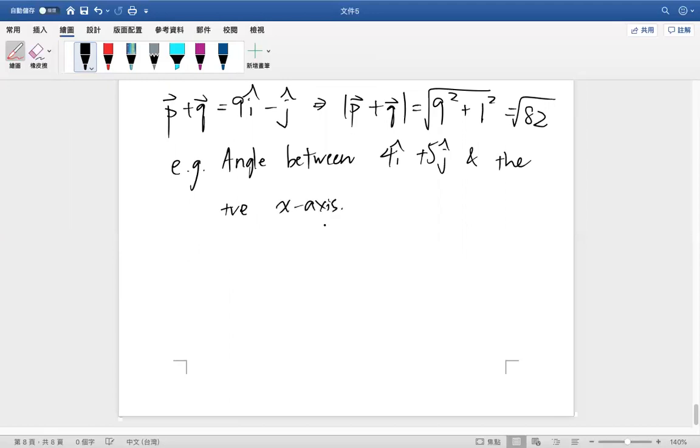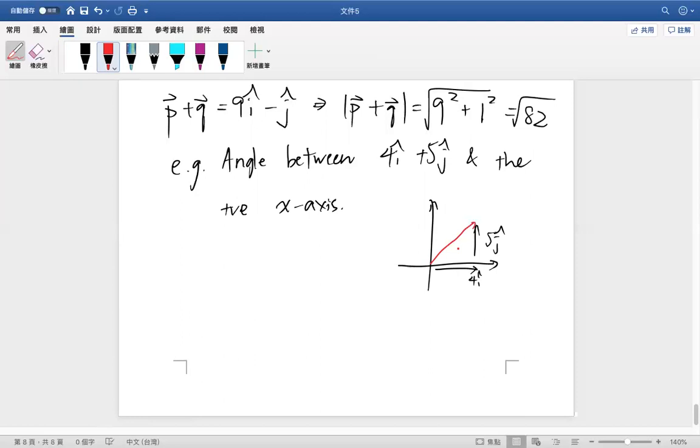To find this, we need to draw the vector. It's not very difficult. For example, this is 4i and 5j.